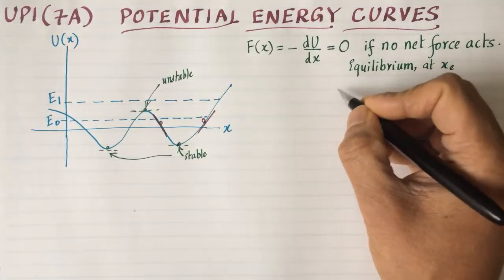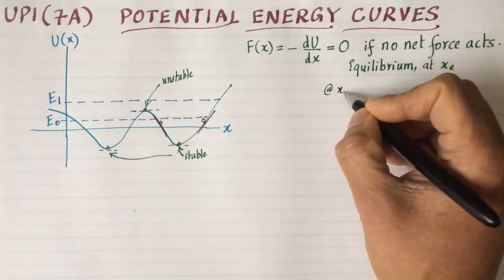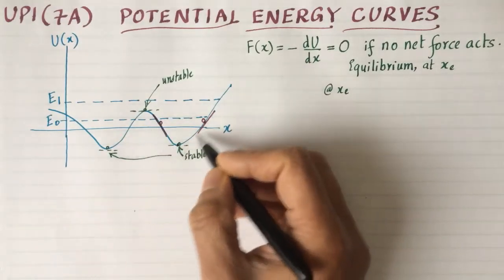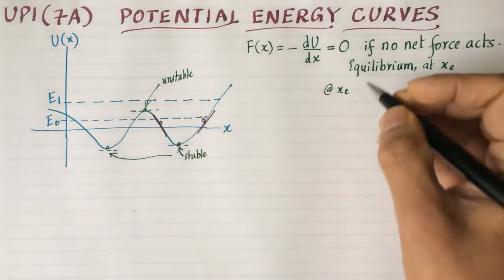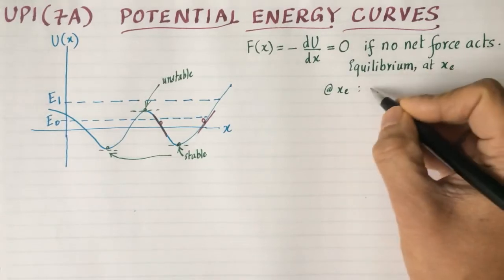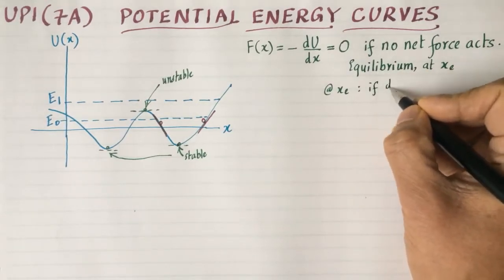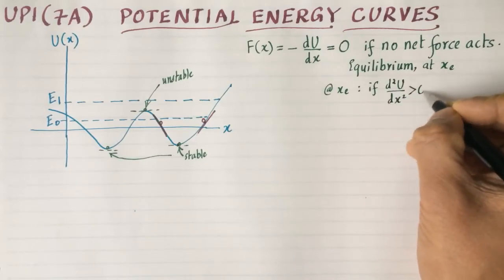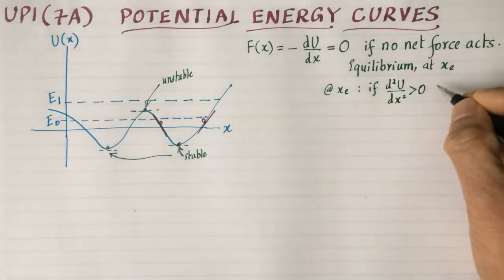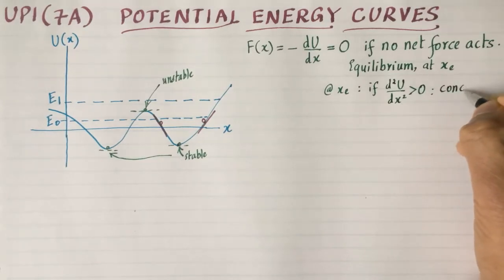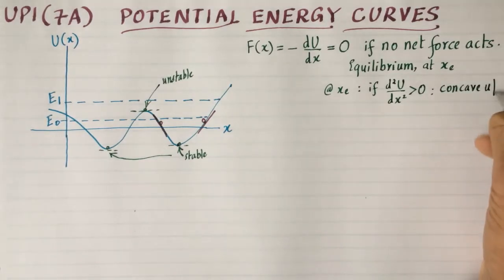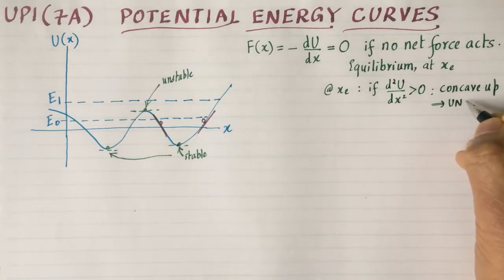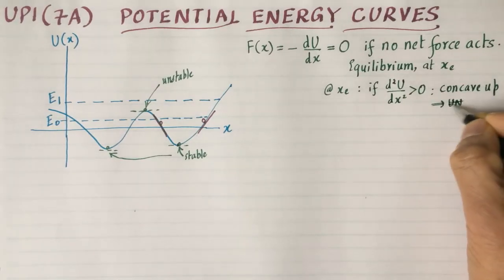So the calculus criterion is related to concavity of the graph. These two are concave up and that's concave down. So at x sub e, if the second derivative, d2u over dx squared, is bigger than 0, or concave up, then we are led to a stable equilibrium.